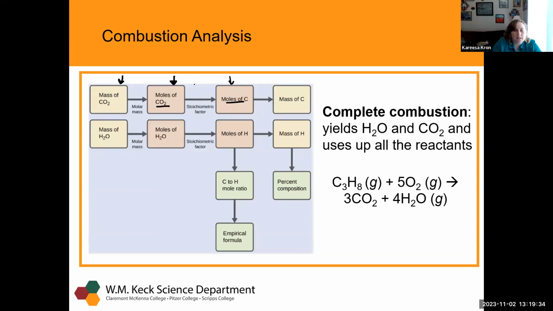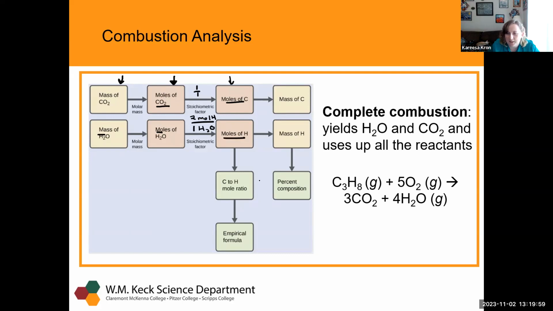So this would have a stoichiometric ratio of 1:1. On the other hand, if we have the mass of H2O, we can use that to calculate moles of H2O. And then for every mole of H2O, we're going to have 2 moles of H, which lets us calculate the moles of H.